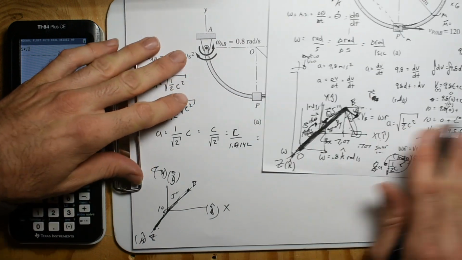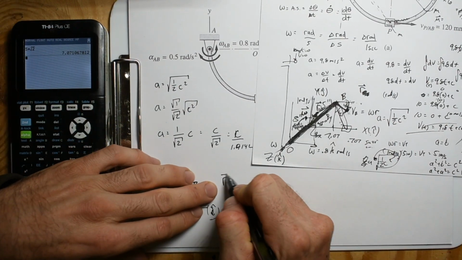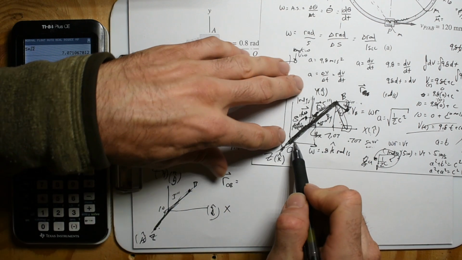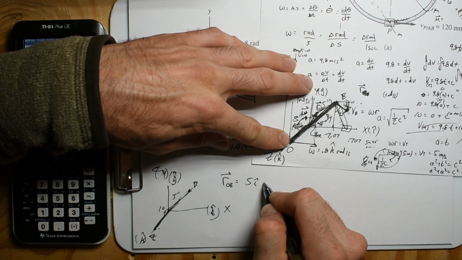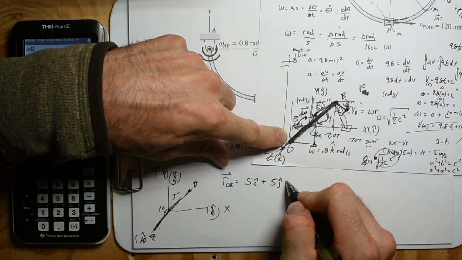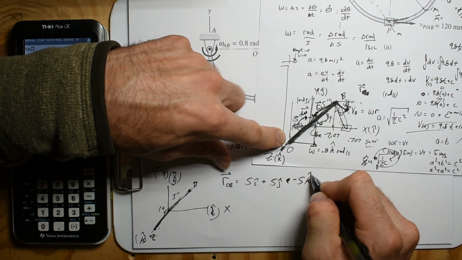That is literally the definition of our position vector from the origin to B: 5 inches in the i-hat plus 5 inches in the j-hat plus negative 5 inches in the k-hat.